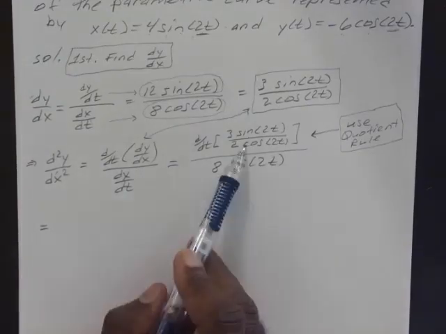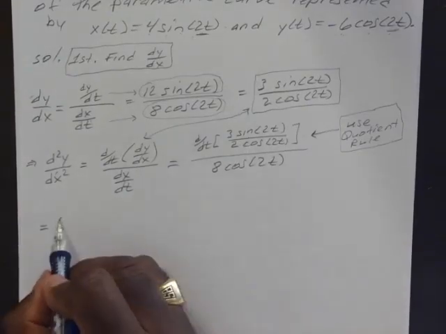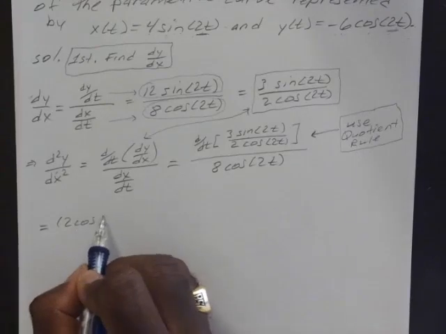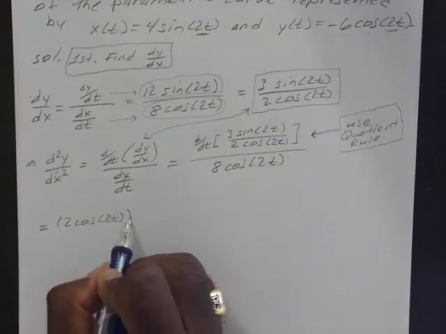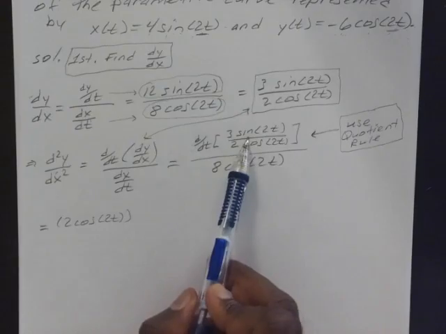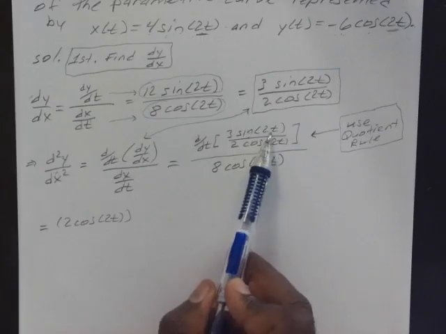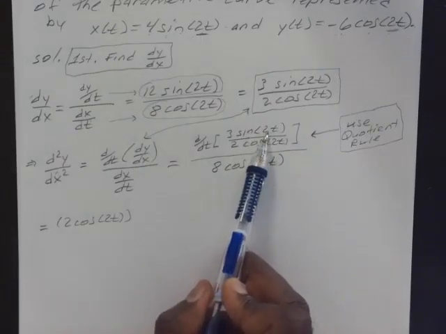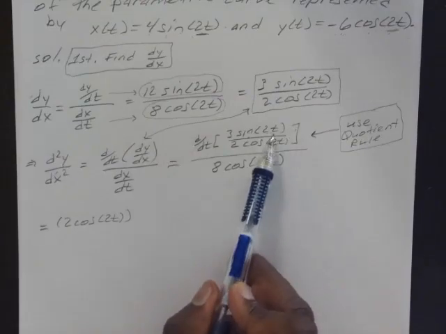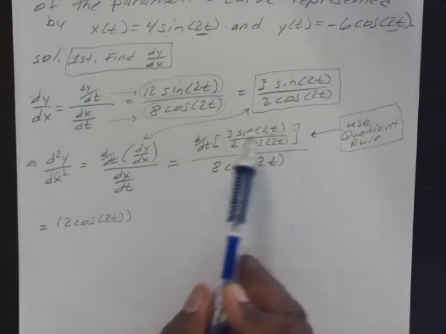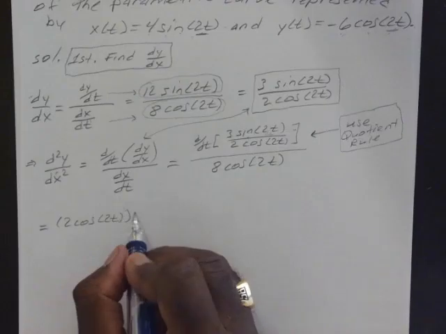So we have our denominator, 2 times cosine of 2t, times the derivative of our numerator. The derivative of sine is cosine. So if we take the derivative of sine of 2t, that's cosine of 2t times 2, the derivative of that 2t. So multiply that 2 times 3, and we get 6.